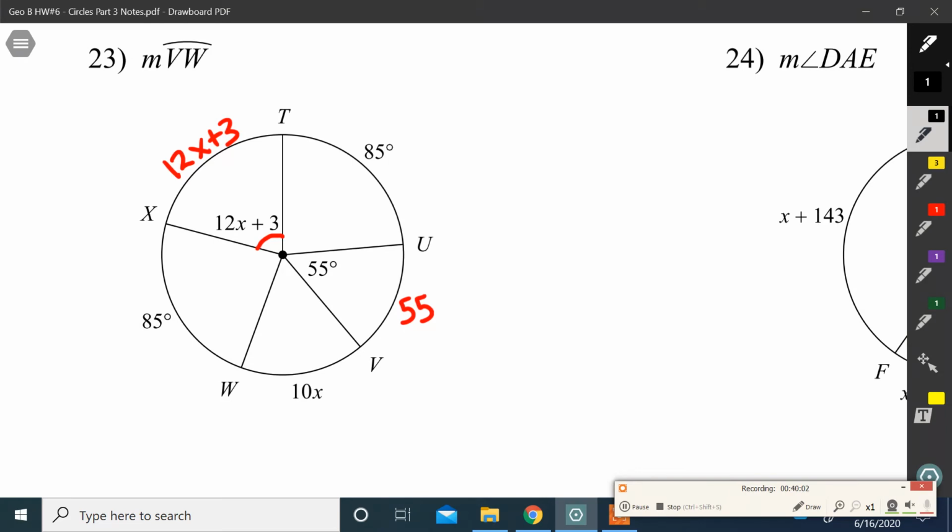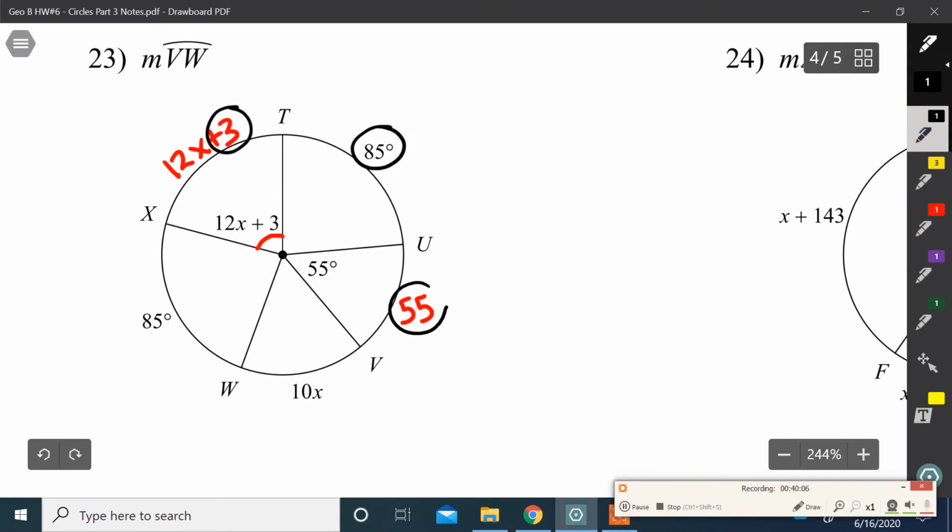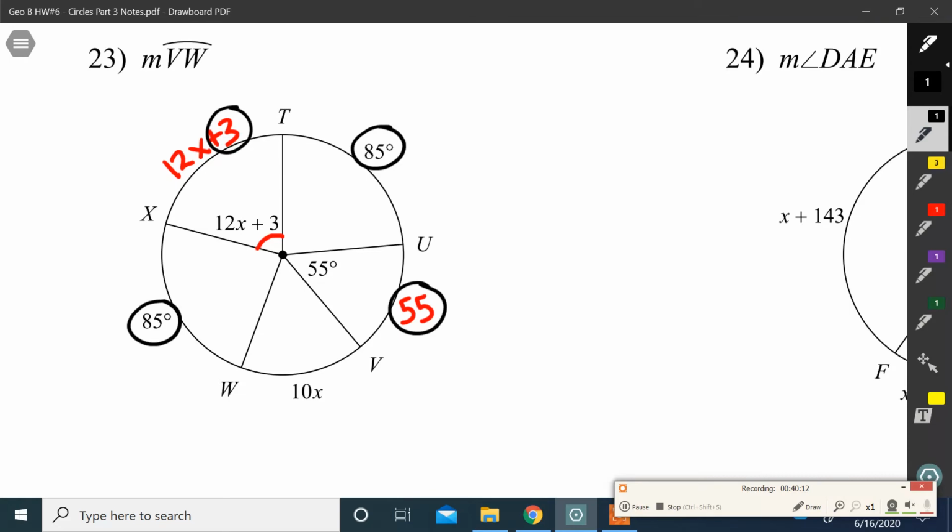So I know that when I add all those together, I'm going to get 360. So here's what I'm going to do. I'm actually going to add this plus this plus this together. All the numbers, I'm going to add them together. So I'm going to add 85 plus 3 plus 85 plus 55. That's going to give you 228.